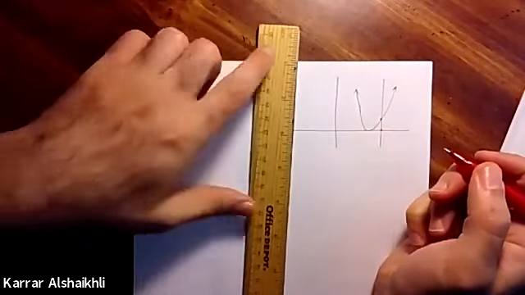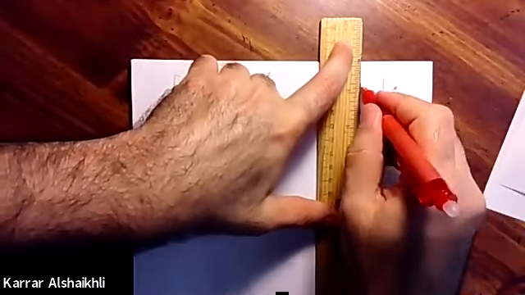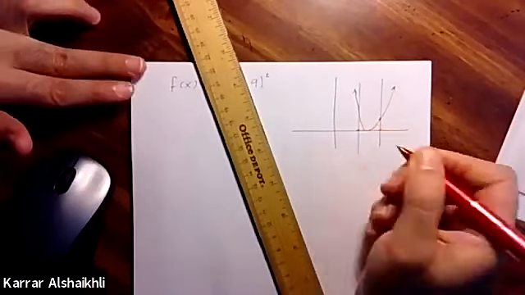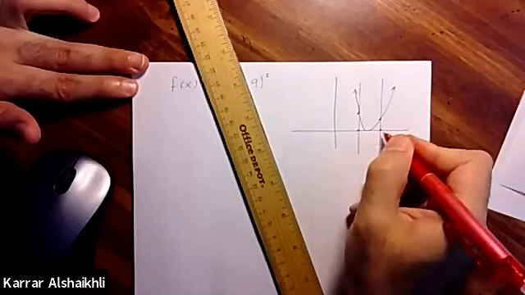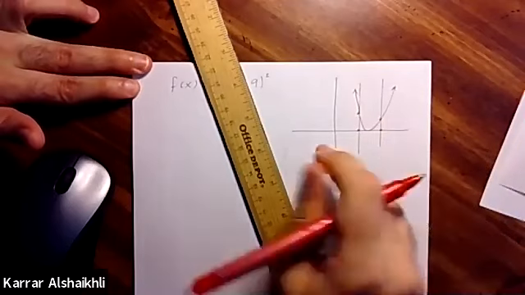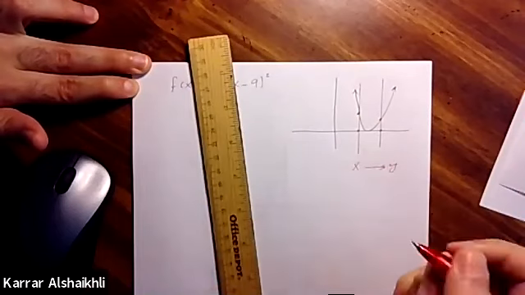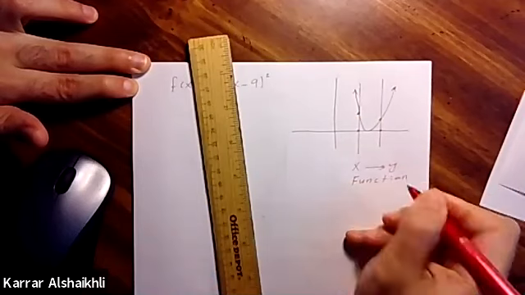If you graph another line test here, here's another line test. At this x, the x coordinate goes to 1 y. That means each x here goes to 1 y. So that's good. Each x goes to 1 y. That means this is a function, which is the first condition.